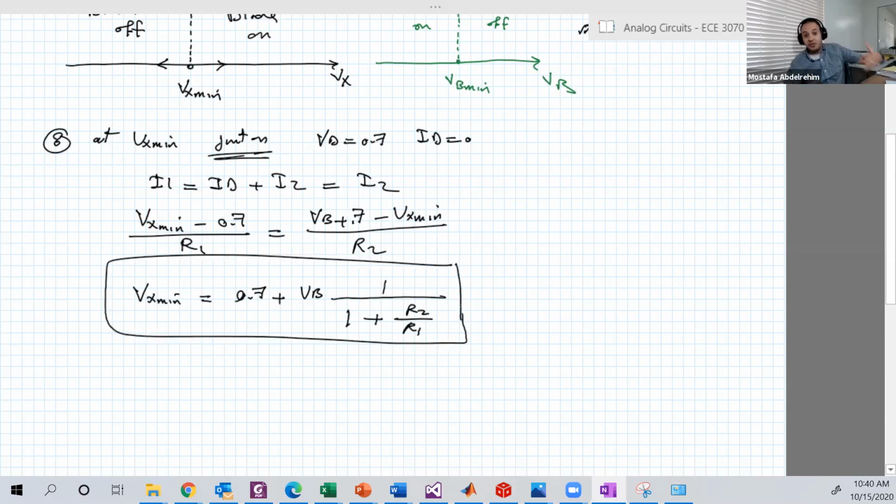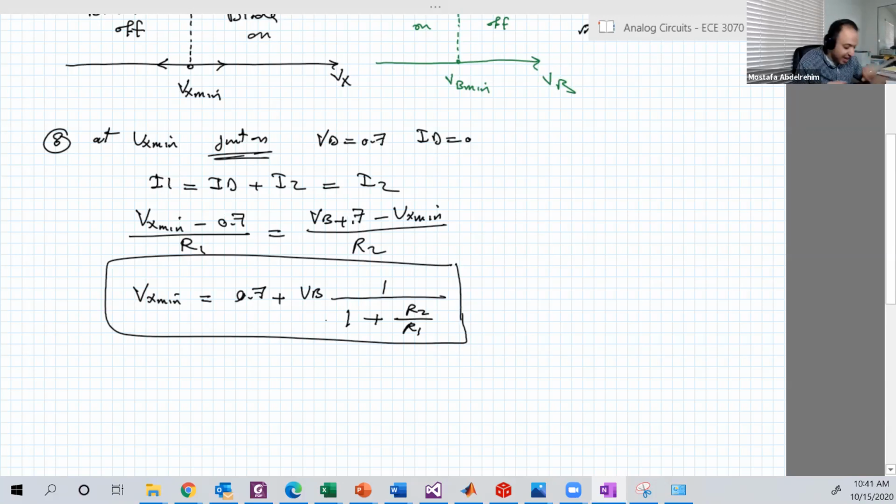That will make your life very easy in the rest of the questions. Because now you see what's going to affect Vx minimum. What if R1 is short, or R2 is open or short, you can substitute whatever in this equation and you would know what's going to happen to Vx minimum.